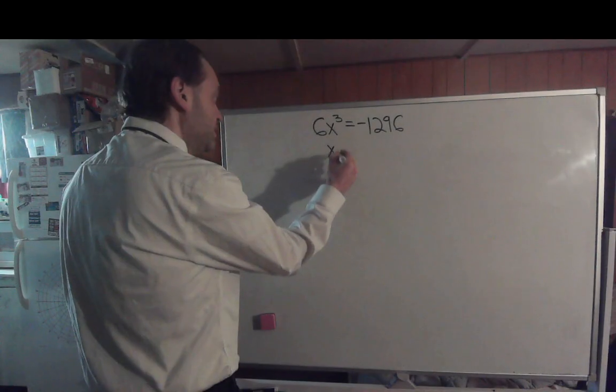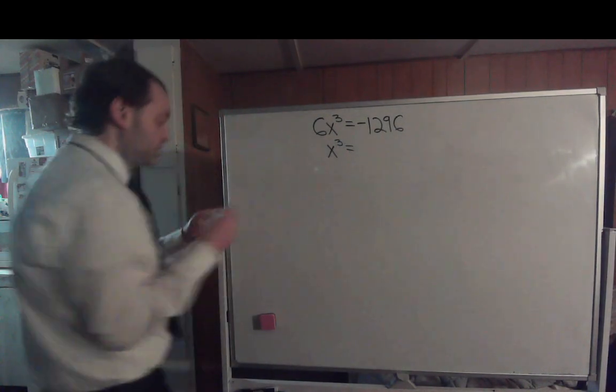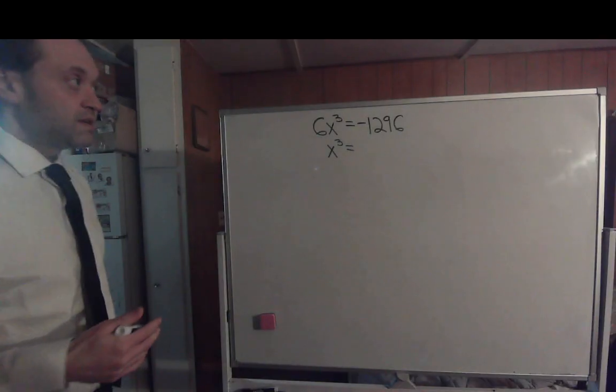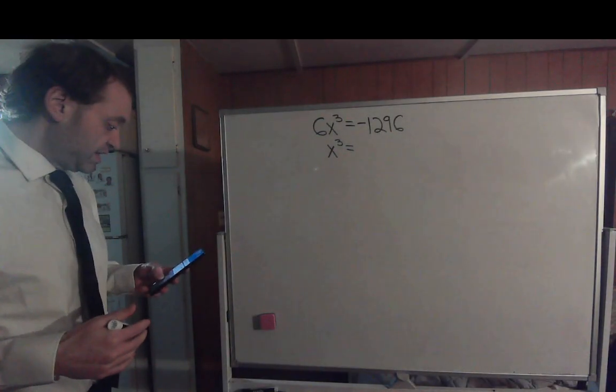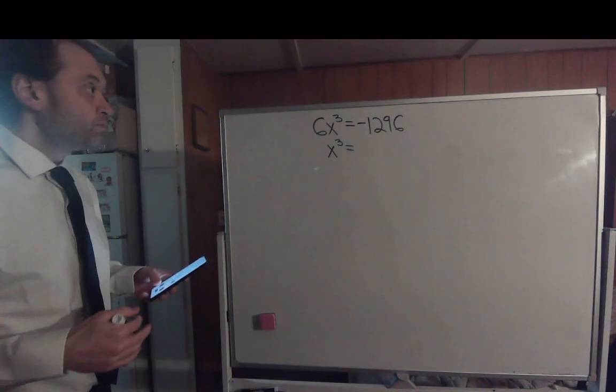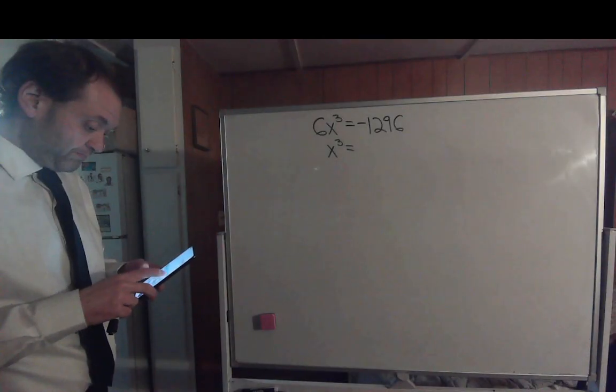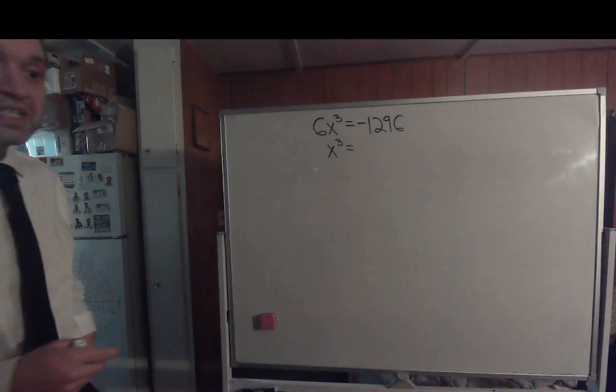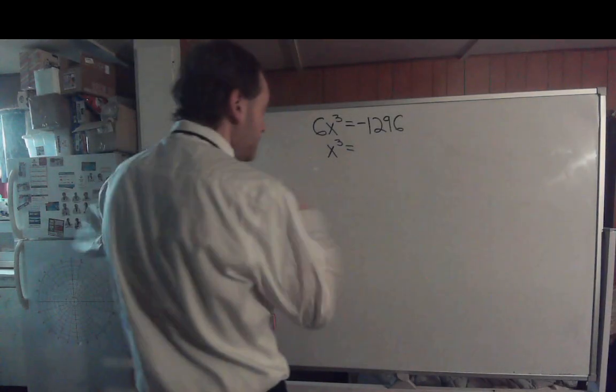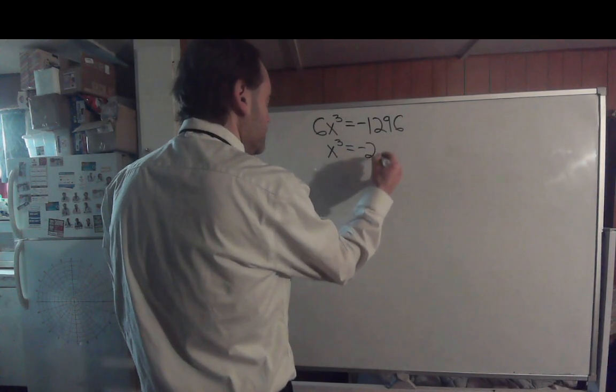If you do that, you'll get x to the 3rd is equal to, let's take that negative 1296 and divide it by 6. That's going to be 216. So actually it'd be negative 216.